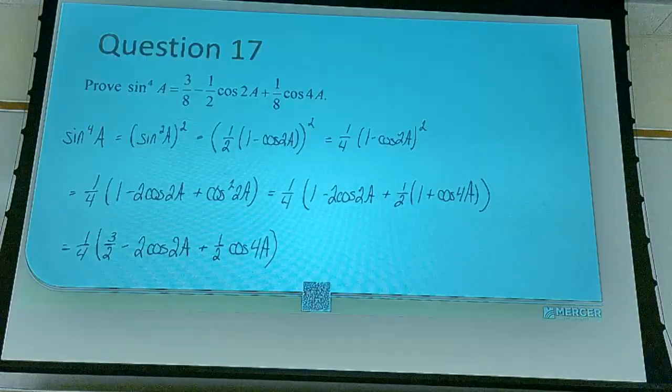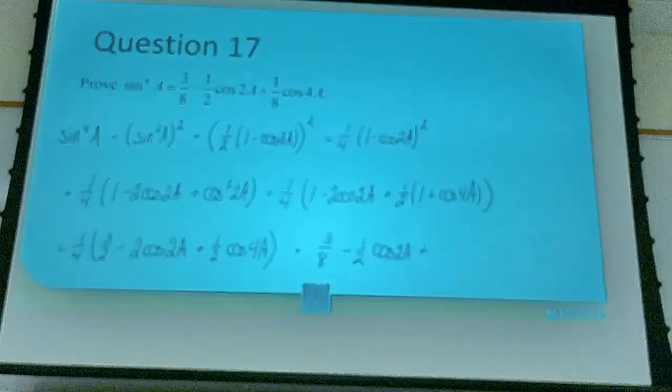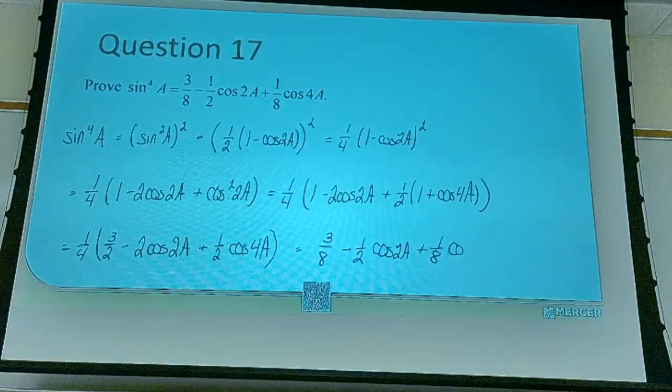Distribute that 1/4 through: 3/8 minus a half cosine of 2a plus an eighth cosine of 4a, as desired.